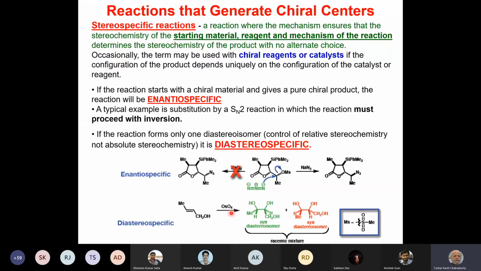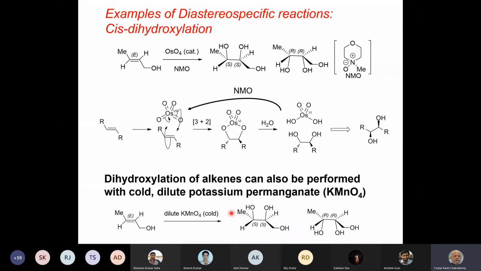Let us see this reaction more closely. The mechanism of this reaction, you need not worry about, but for your clarity, I want to show it here. This osmium tetroxide, osmium has a valency of 8, and this forms an osmate ester as shown here in the middle. And then by hydrolysis, you get this osmium 6 reagent.